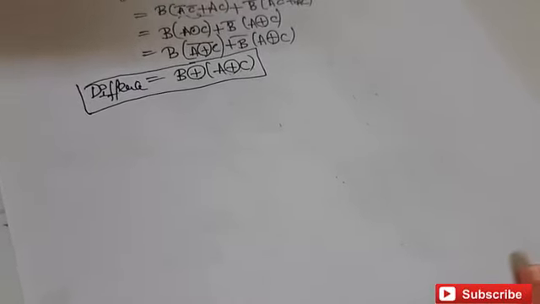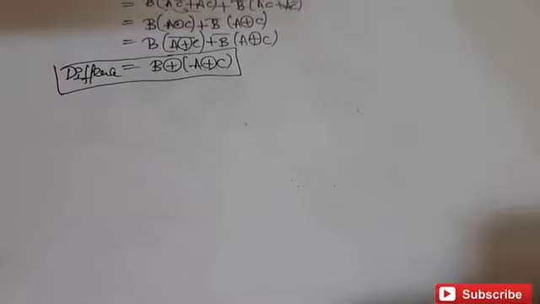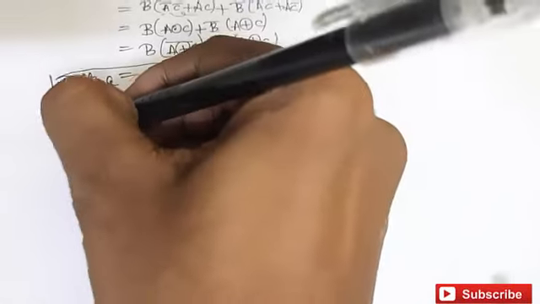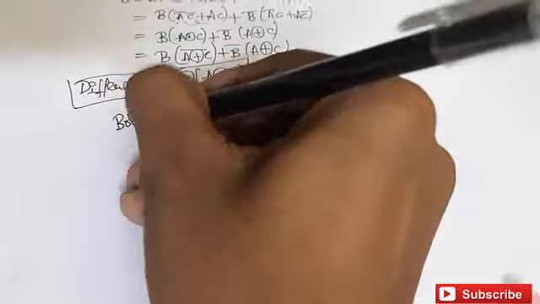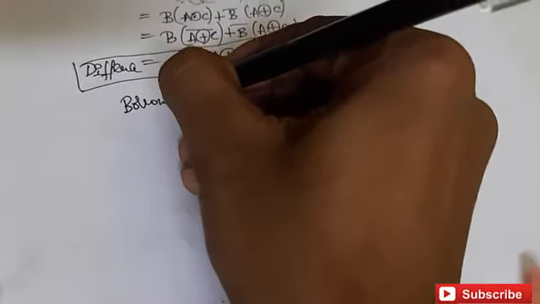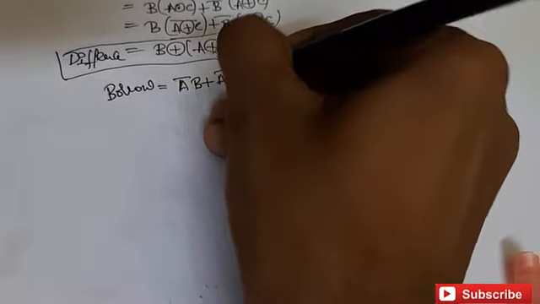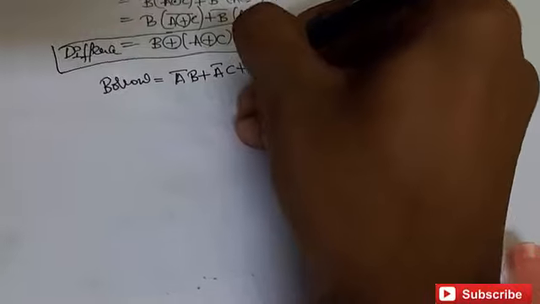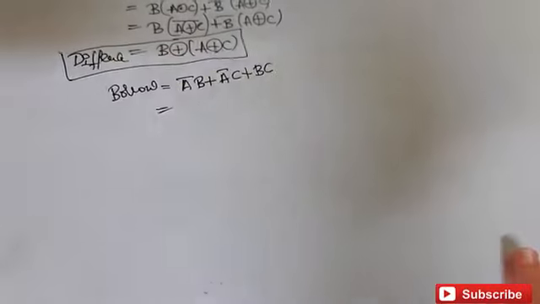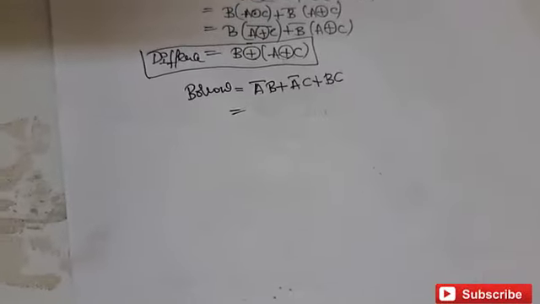Now take the borrow. Borrow is equal to, you already know, A bar B plus A bar C plus B C. In these terms, let's see which term will be missing.